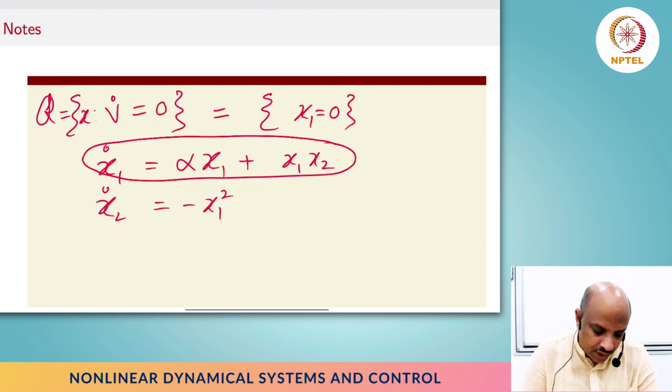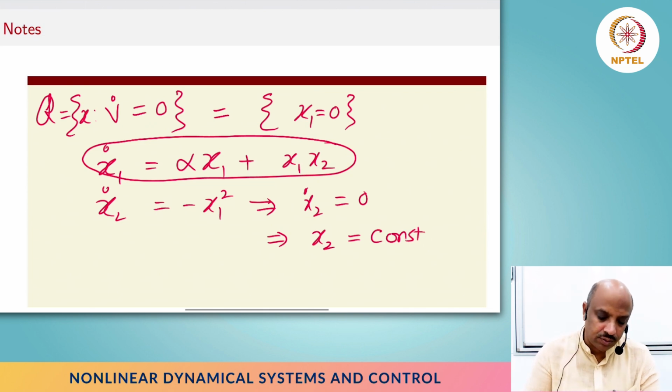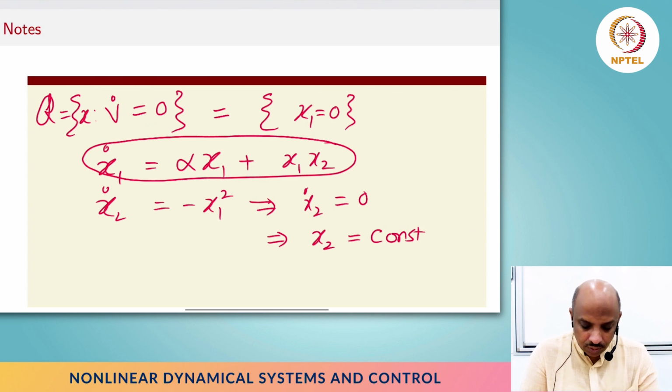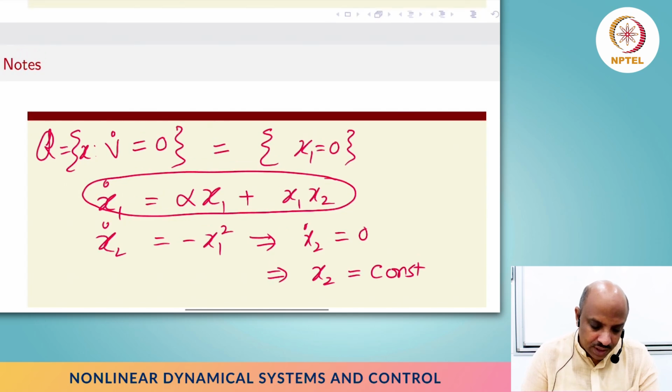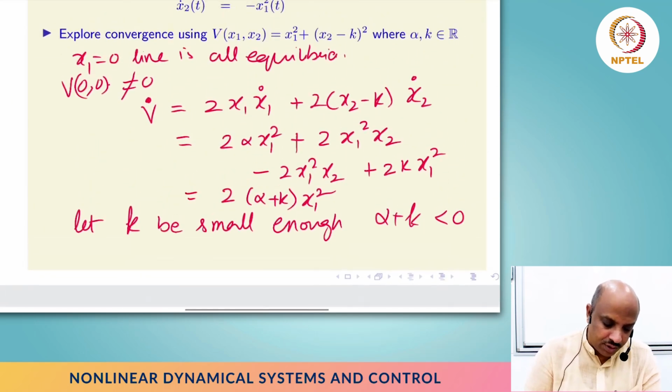But in the second case, this implies x2 dot is going to be 0, right? So that means x2 is going to be constant on this invariant set, okay? So I don't know what that constant is going to be, but this is essentially saying something quite interesting.